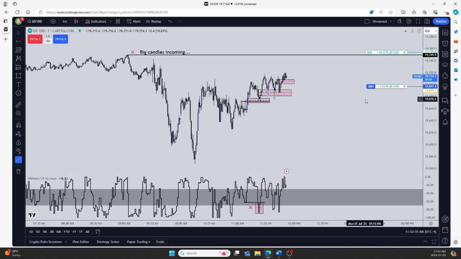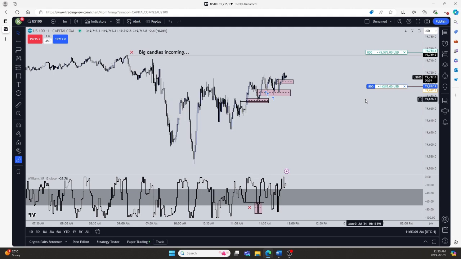First things first, guys, always preserve your capital. And then secondly, we want to compound that capital. If this high gets taken out, we're going to do so with speed. And I think TP will get smashed. Right? A lot of contraction in here. Contraction, expansion.